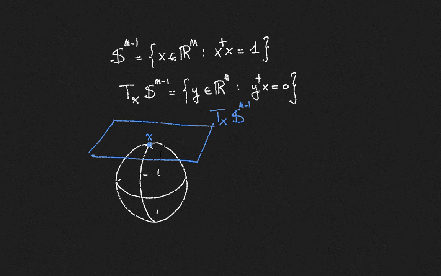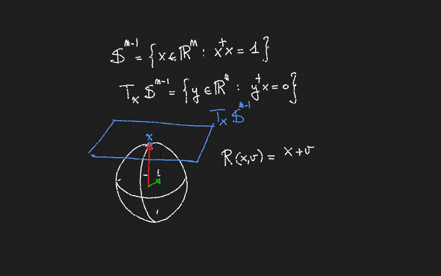The easiest way you could think of is the following. You take x, you add a vector of the tangent space. This is x, and this is, for example, a vector of the tangent space.